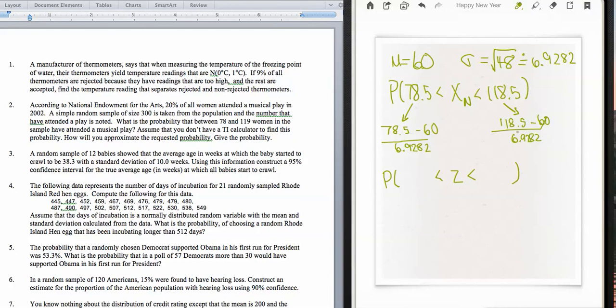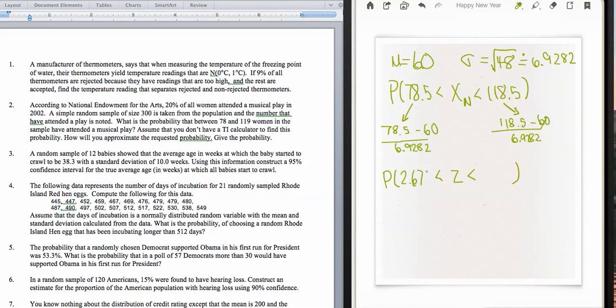So 78.5 minus 60 divided by the square root of 48, and I'm actually going to use the square root of 48, so I'm not using that approximation, and I'm only going to use two decimals here, 2.67 on the left side.